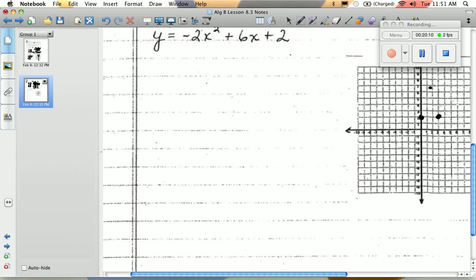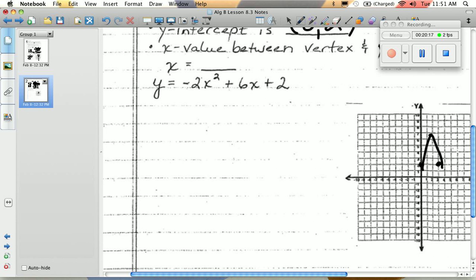Because this is going to have to keep going down, right? Let's show that it doesn't have to be an x value between the y-intercept and the vertex. Let's pick one outside of it. So let's do -1. y equals -2 times (-1) squared, plus 6 times -1, plus 2.